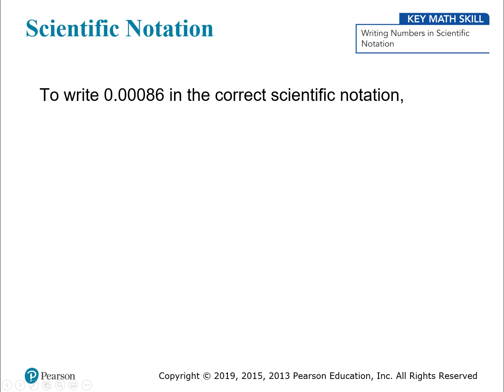Let's do one more example. We'll do a number that's smaller than 1 so you can see that. How many significant figures does it have? It has 2 significant figures. All of these zeros beforehand are placeholders. We do not count those for significant figures.